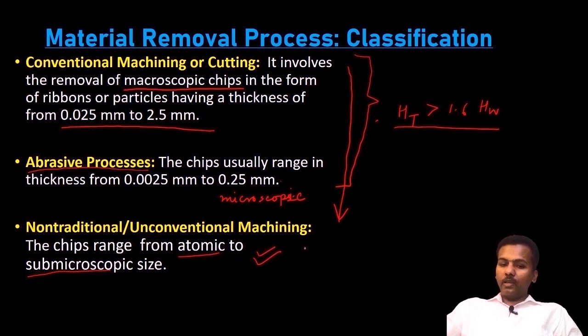Here different types of energy are used. Suppose that we are using chemical energy process, we want to etch the surface, so that is the etching process here. Some other types of energy are used, suppose thermal energy.